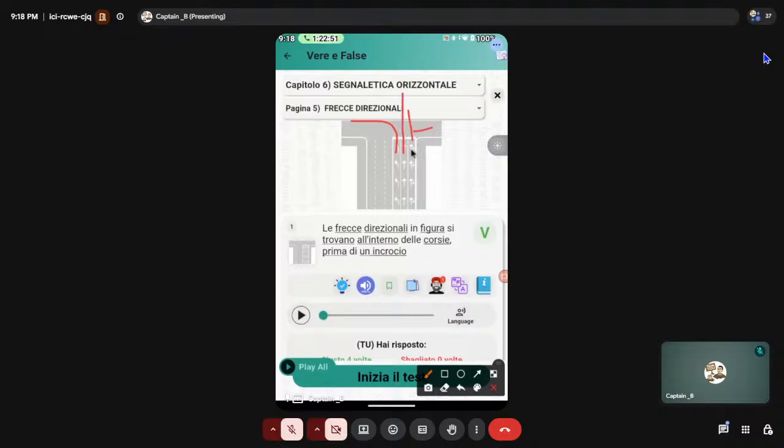So there are 2 lanes that are allowed to go straight, which are the lane destra and the middle lane, which is the centro. For the left one, the only direction allowed is where? Sinistra. Simple as ABC.